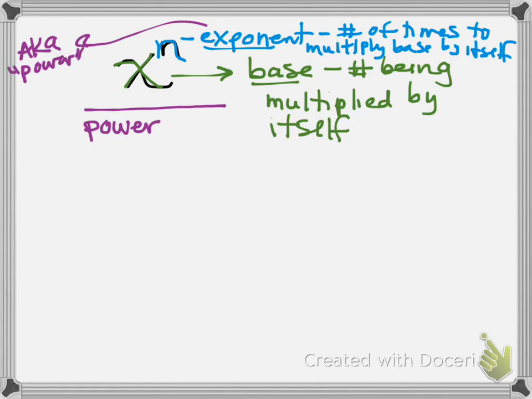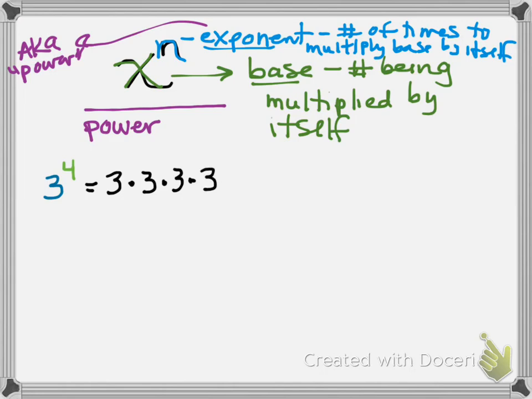Okay. Now, sometimes they actually do call the exponent a power. So the exponent is AKA power. So sometimes you'll hear people say, oh, that's x to the nth power. That's 2 to the 5th power. So you'll hear that expression. Okay. So let's use a number example. What if we have 3 to the 4th power? Well, basically all powers is a fancy way and a shortcut way of showing a multiplication problem. It says you're going to multiply 3 by itself, by itself, by itself.